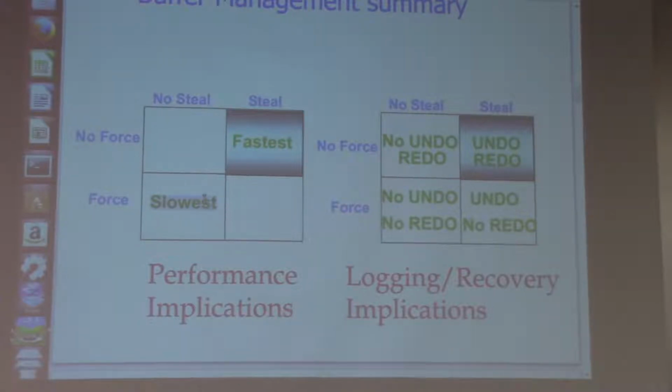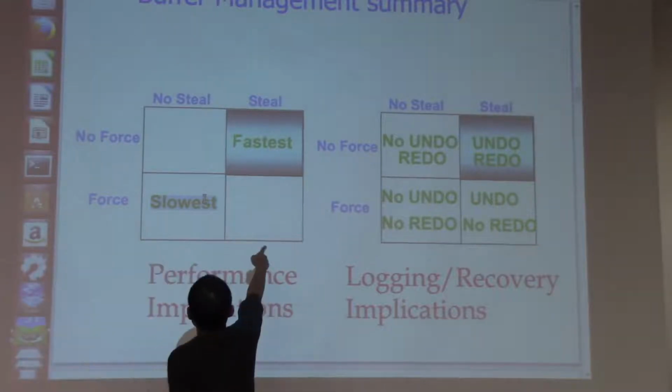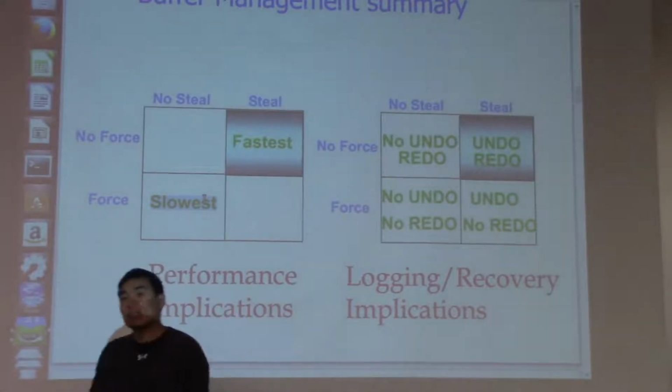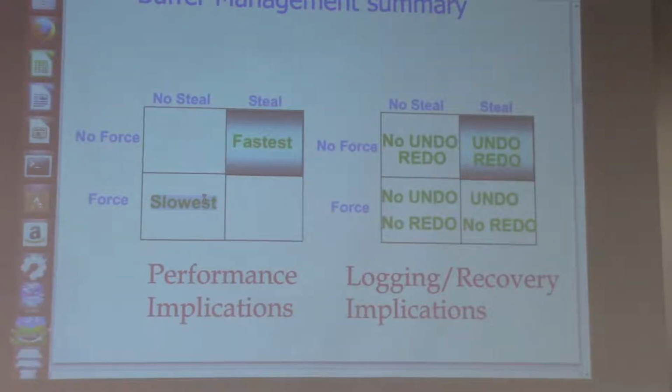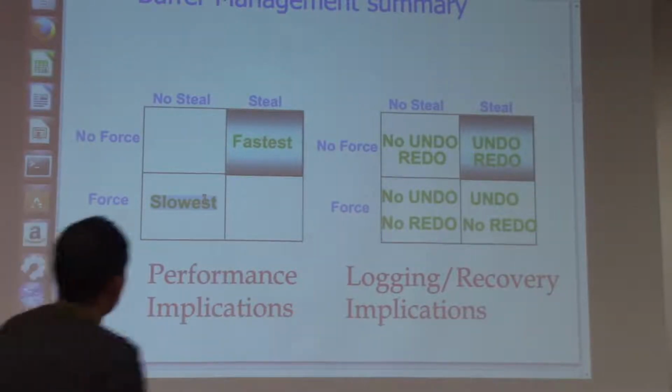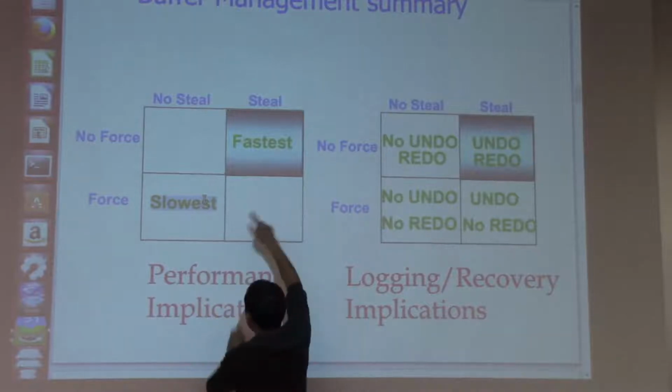And this one obviously gives you the slowest performance, because it blocks transactions from committing and blocks the buffer manager from writing dirty pages, which introduces significant performance overhead. You can of course also do this corner or that corner, meaning that either you do not block transactions from committing or you do not block the buffer manager from writing dirty pages, but not both at the same time. So efficiency-wise, that's the best and this is the worst.